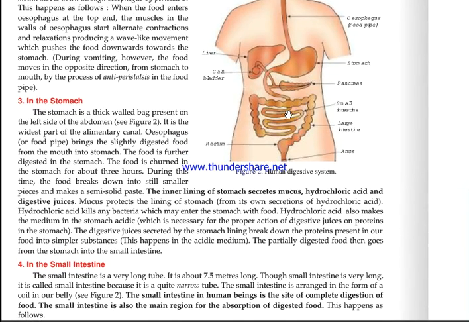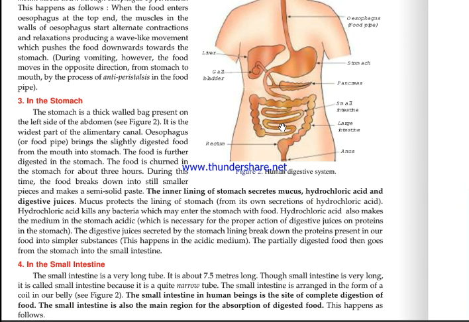The small intestine is about 7.5 meters long, as I said before, and the large intestine is about 2.5, or 2 to 3 meters long. But why is this called the small intestine and this called the large intestine?